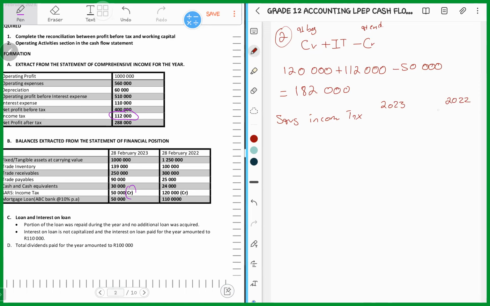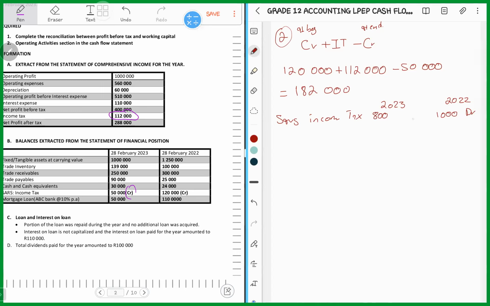Let's assume here it says 1,000. Then it says debit. Then let's just say, let me write 8,000.